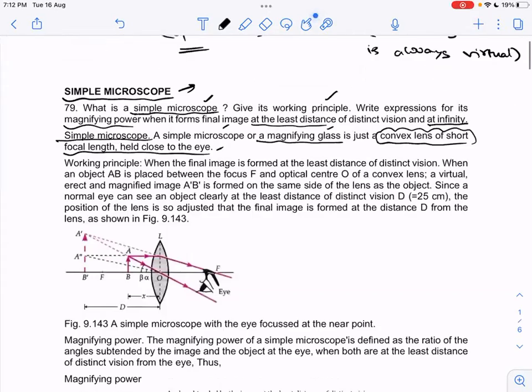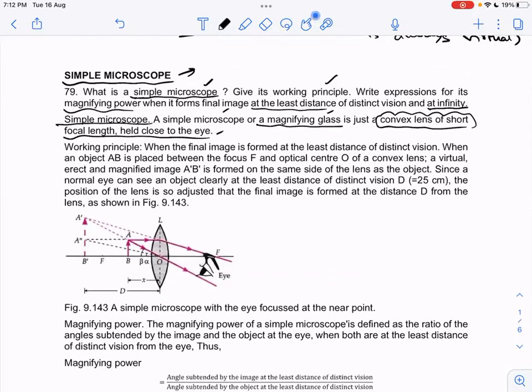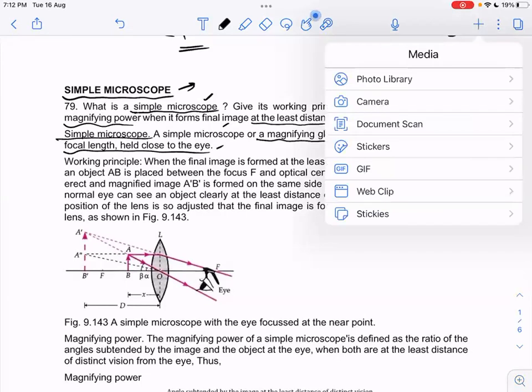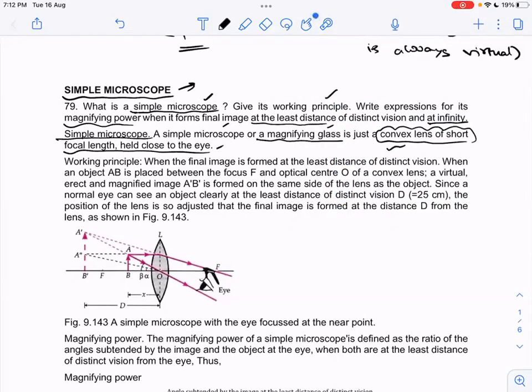Okay. So generally, when I say a convex lens, let's first observe.